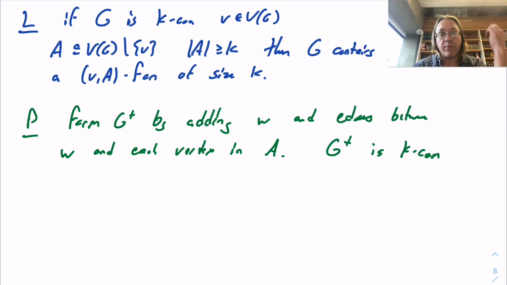And now my original vertex V and this new vertex W are non-adjacent.